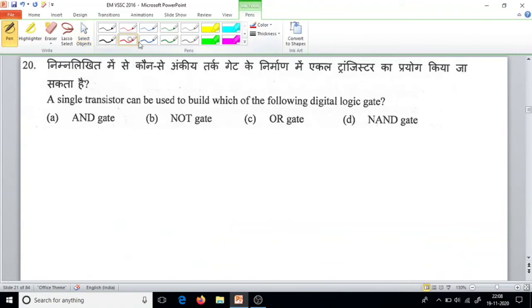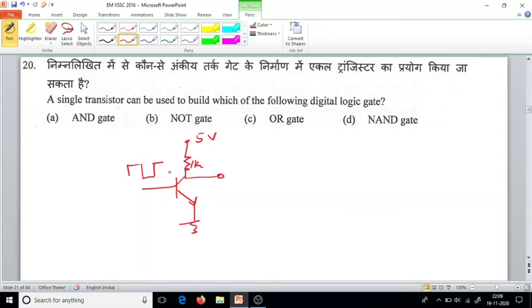Question number 20. A single transistor can be used to build which of the following digital gates? See, we have an NPN transistor here. I connected this to 5 volt. Let's take any resistance value, just take 1K. What will be my output? I'll connect the emitter to ground.